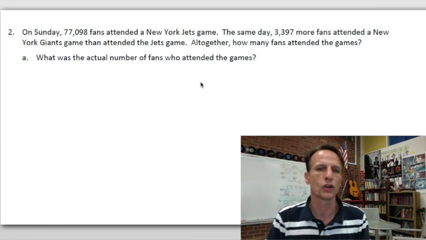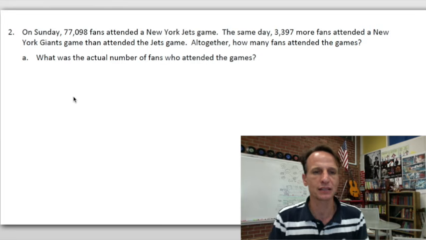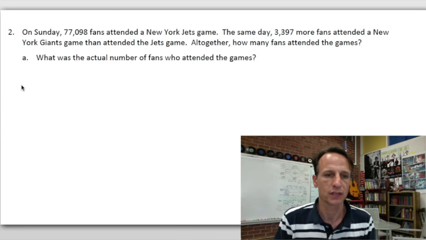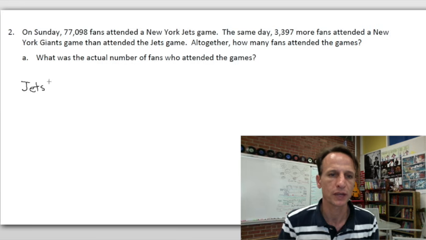Okay, so first we're looking at what was the actual number of fans who attended the games. Well, we can make a nice little tape diagram here. So let's start with the Jets, shall we? So Jets, we're going to write over on the side. And then draw our tape out.